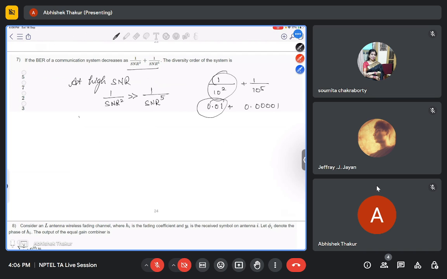So this term will be nearly equal to 1 by SNR squared at high SNR. So now what will be the order? So diversity order is equal to 2.